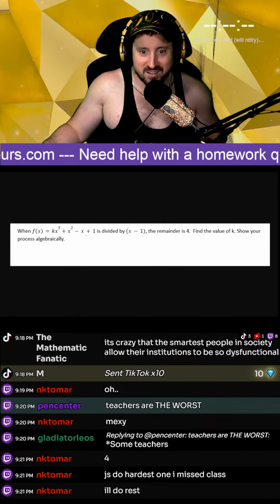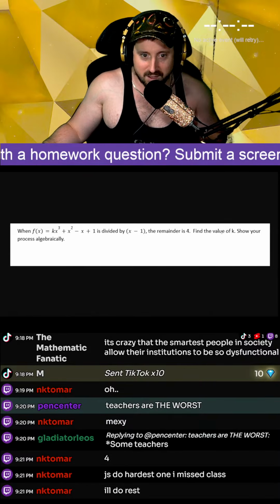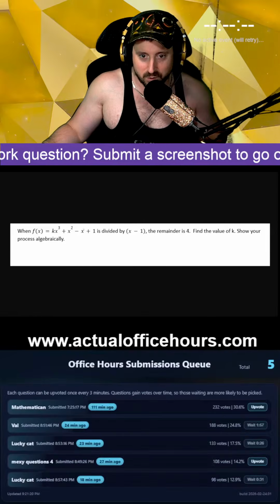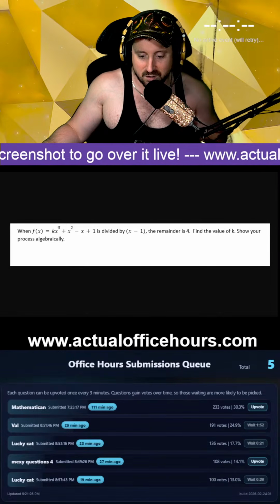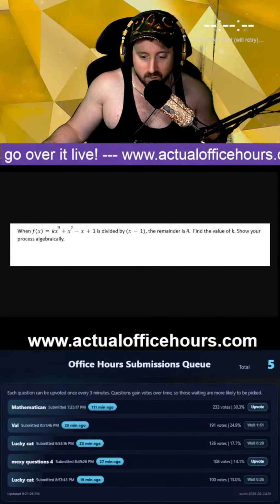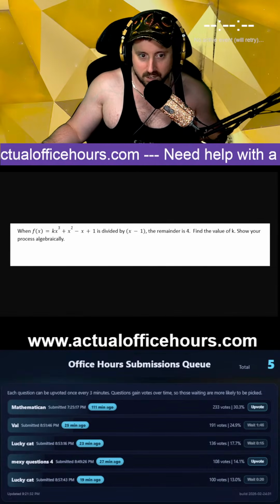Okay. When this is divided by x minus 1, the remainder is 4. Find the value of k. Show your process algebraically. Oh, this just means f of 1 has to equal 4, right? Isn't that what this means?